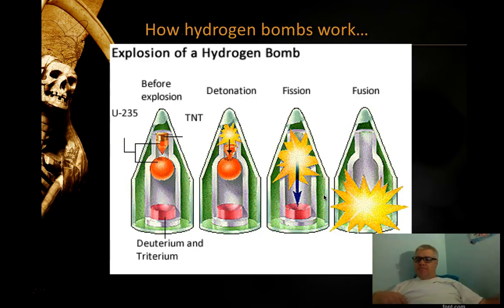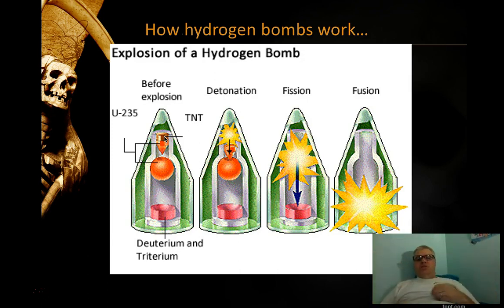Now a hydrogen bomb is a little more complex, but essentially a hydrogen bomb has an atomic bomb in it as its trigger. So the top of a hydrogen bomb works the same way as an atomic bomb, in that you are taking uranium or plutonium and launching one piece into another piece, which creates an atomic explosion.